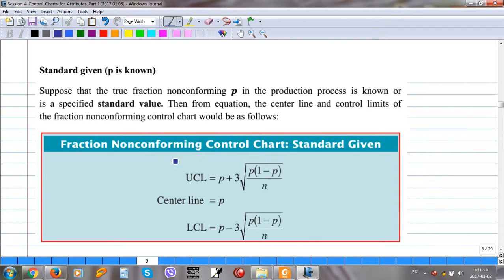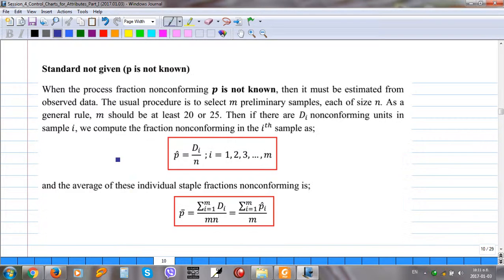If p is known, we can use these equations to find the upper control limit, center line, and lower control limit. Upper control limit equals p plus 3 times square root of p into 1 minus p over n, and center line equals p. Lower control limit equals p minus 3 times square root of p into 1 minus p over n. And if p is not given, it means the standard is not given.